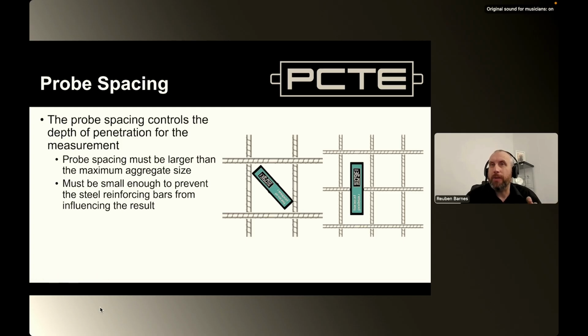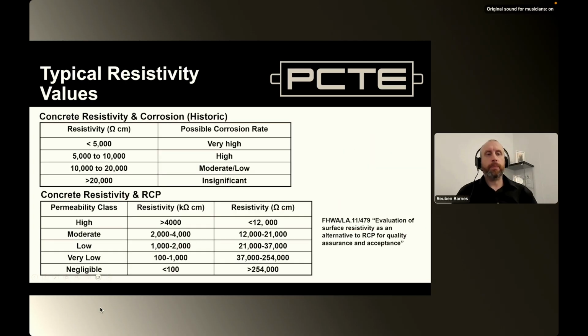You could imagine that if you had quite a large aggregate and quite a small spacing, you might be on the same piece of aggregate, so you're not actually passing that current through the concrete itself. It's all getting locked up in that one piece of aggregate.